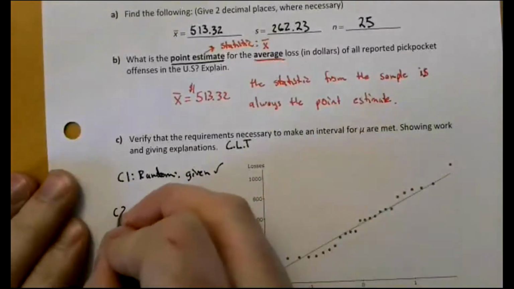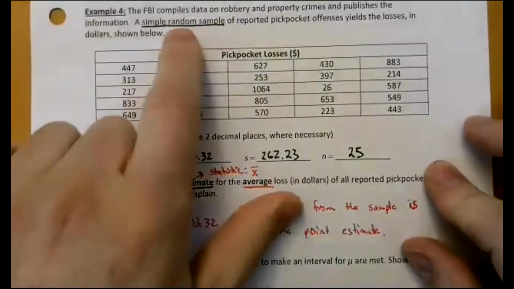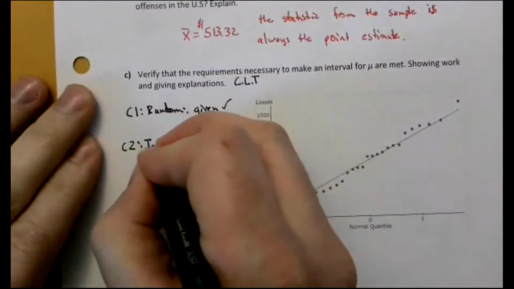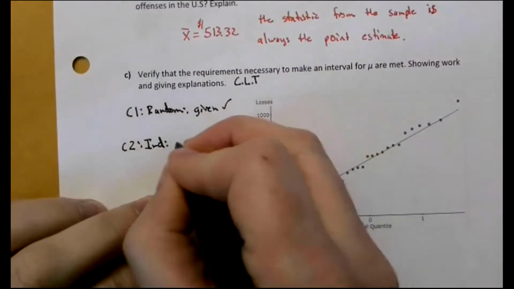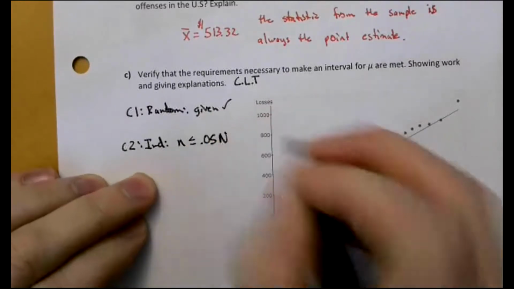Condition two: is our sample size larger than the population, or was the sample taken without or with replacement? It doesn't say that this sample was taken with replacement. So we have to check, is the sample size, so is N less than or equal to 0.05 times capital N?